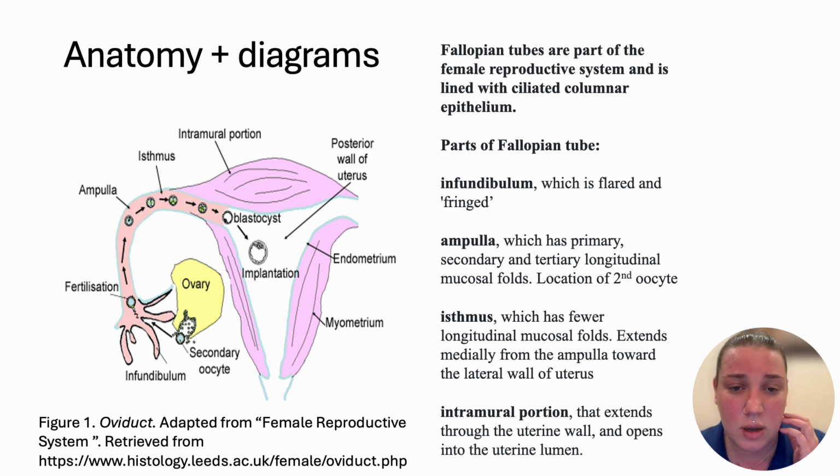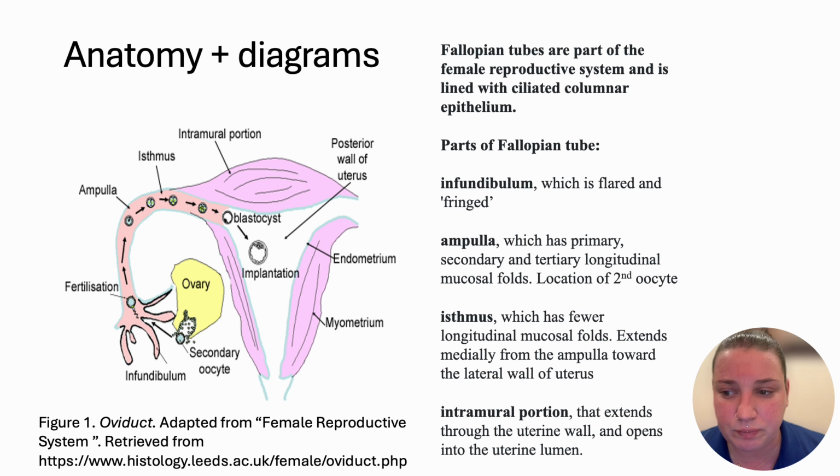So, for the most part, when there's an ectopic pregnancy, it's in the ampulla part of the fallopian tube. So the infundibulum is at the bottom. You can see on the figure where it's flared or fringed. It's almost like a funnel shape too, in a sense.